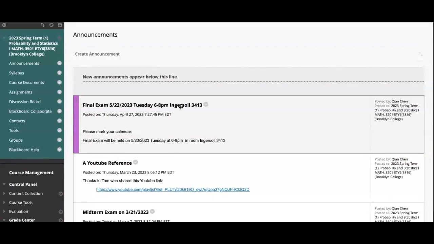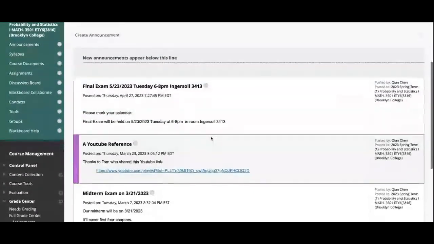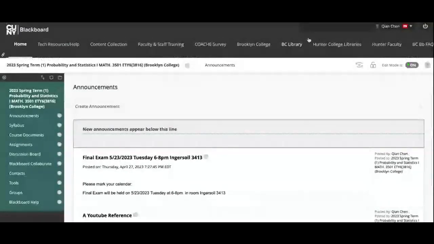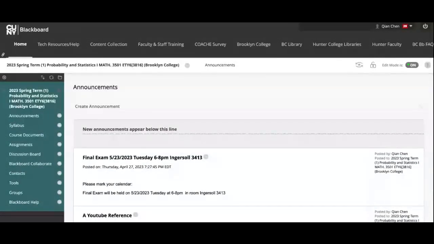And in Ingersoll building, the room is 3413. All right, so make sure you bring your pencil. If you need some sketch paper, that's fine. Okay, anyone has any questions? Make sure you mark down the final exam date and time and the room number.